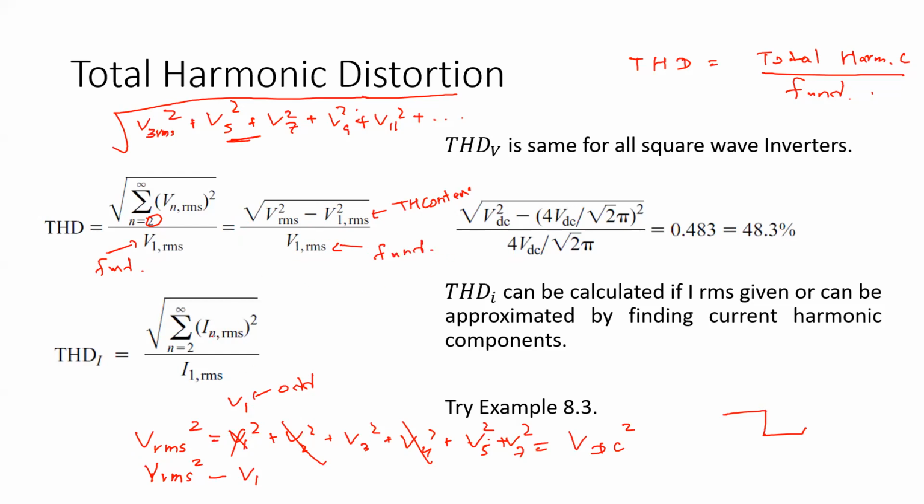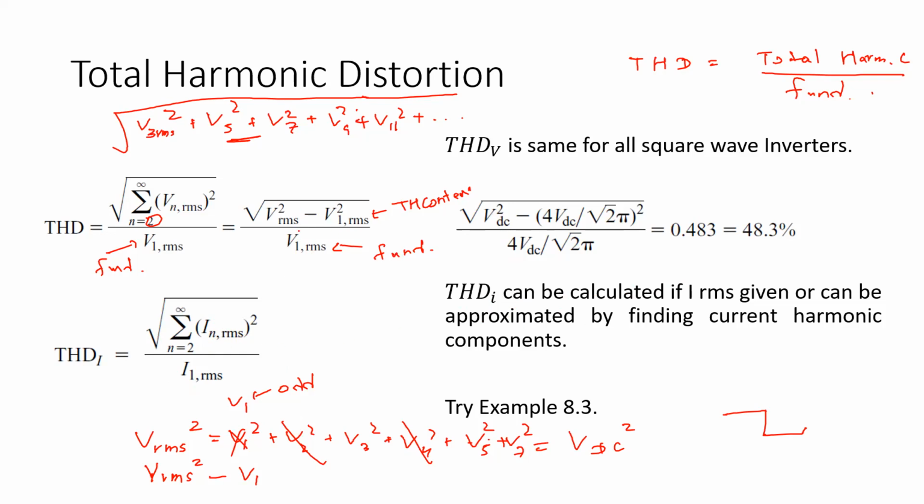The same thing can be done for current. In here you don't add the current like this. When it comes to current, you can only calculate this if currents are given. Read these slides and you will understand.